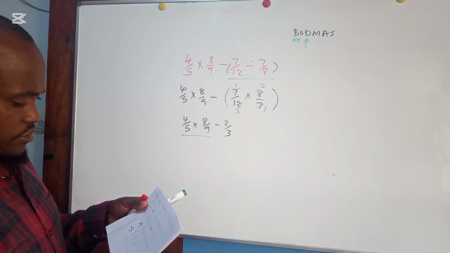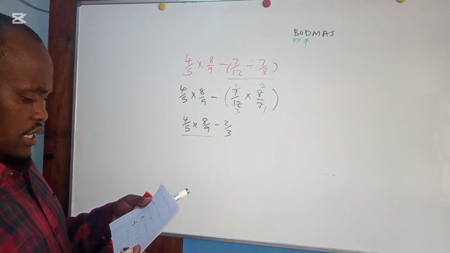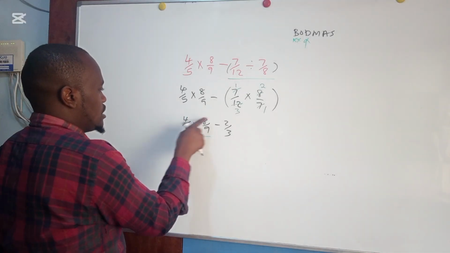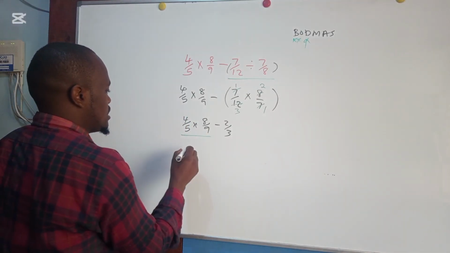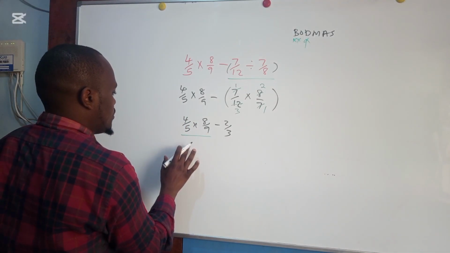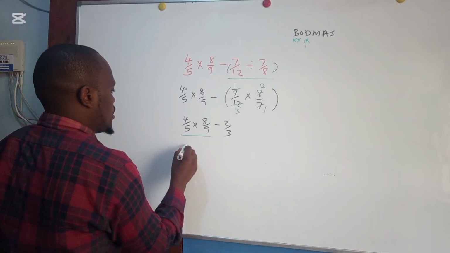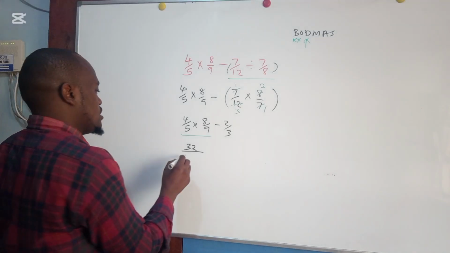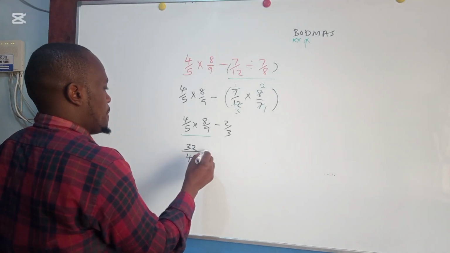There's nothing you can cancel there. So if there's nothing you can cancel, you just multiply: 4 times 8 is 32, over 5 times 9 is 45, minus 2 over 3.